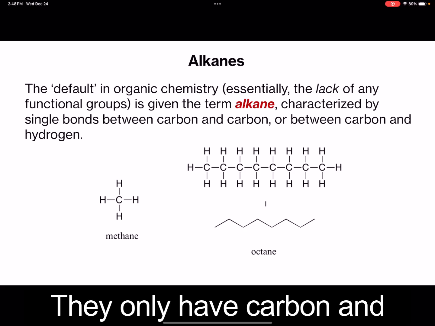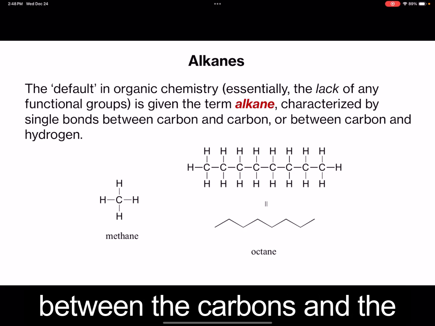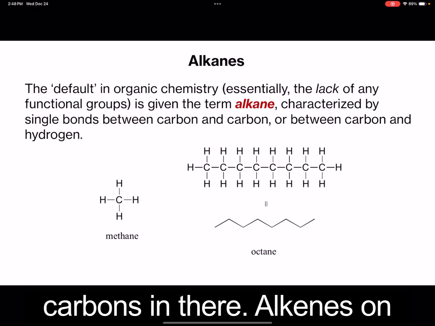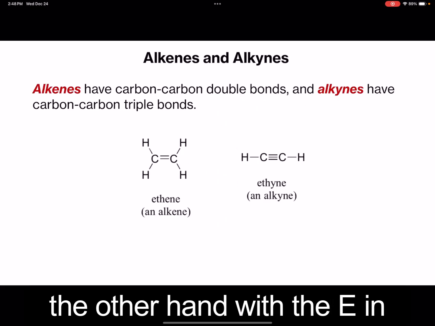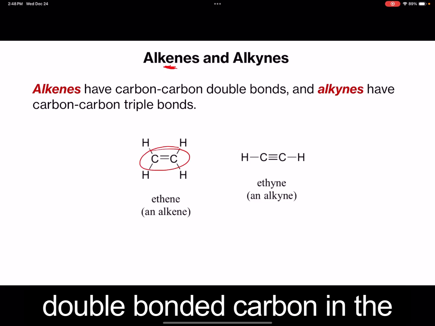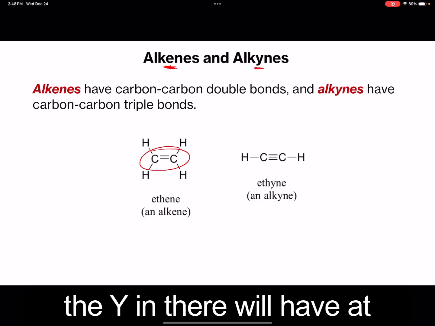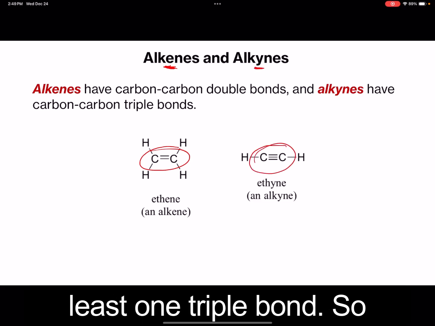They only have carbon and hydrogen, and only single bonds between the carbons and the hydrogens and the carbon-carbons. Alkenes, on the other hand, with the E in there, have at least one double bond in the molecule, and alkynes with the Y in there will have at least one triple bond.